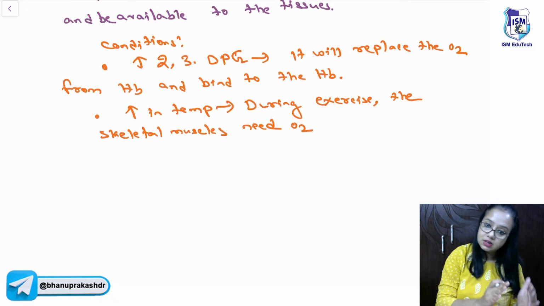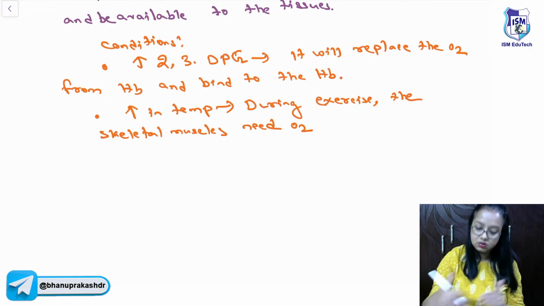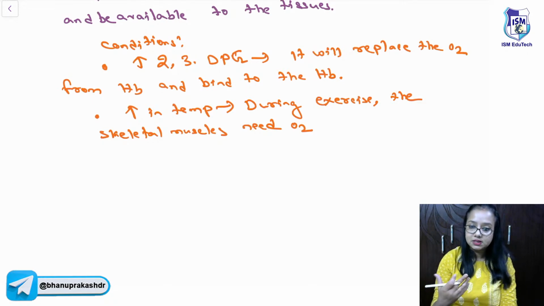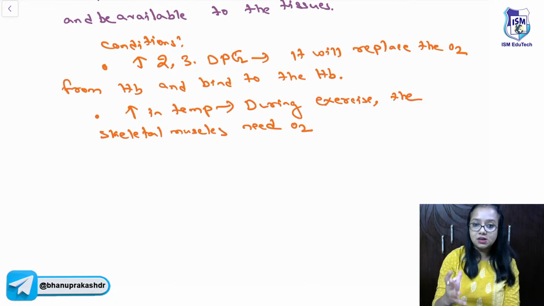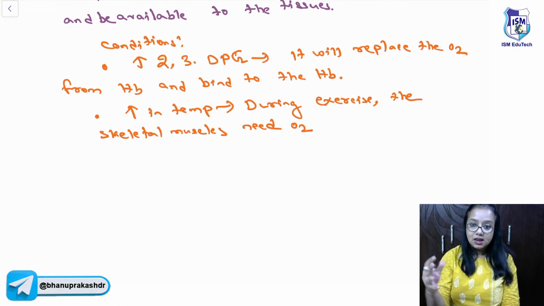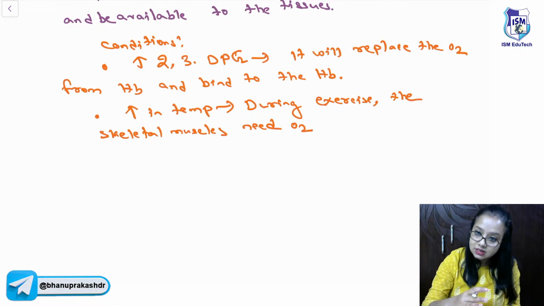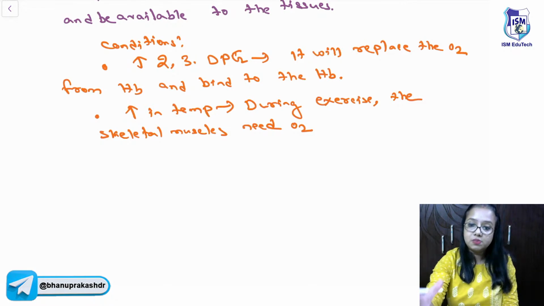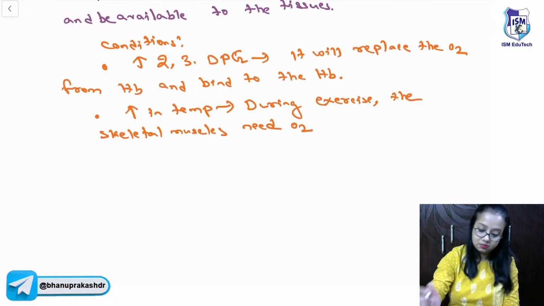It will come from the hemoglobin. It will come from myoglobin also, we'll come later to that. But first it will come from the hemoglobin. When there is increase in the temperature, it will break the association of the oxygen and hemoglobin, that bond will be broken due to heat, and oxygen will come out of the hemoglobin and it will be provided to the skeletal muscle fibers. This is the second factor.